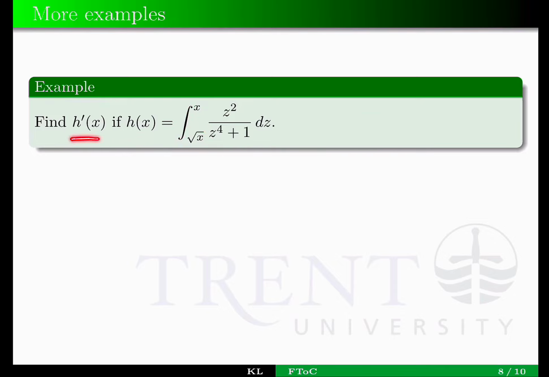And we want to find h prime of x. However, if we want to use the fundamental theorem of calculus, one of the limits of integration, this or this, must be a constant. Therefore, we cannot apply directly the first part of the fundamental theorem of calculus here.